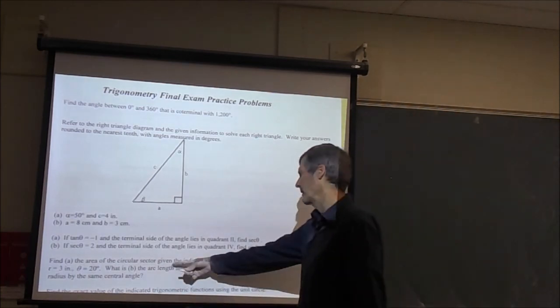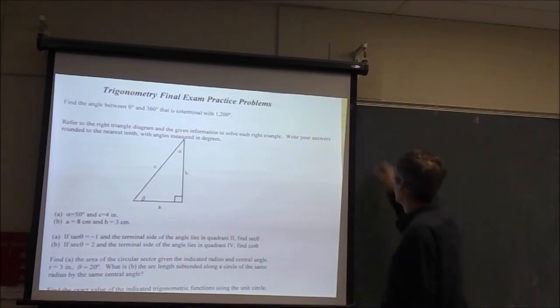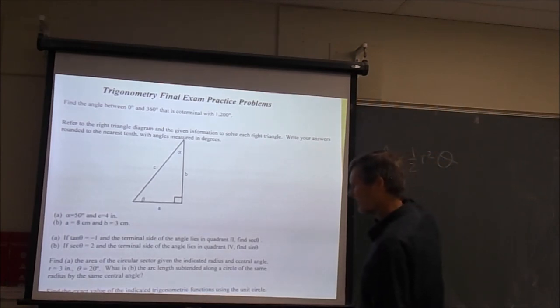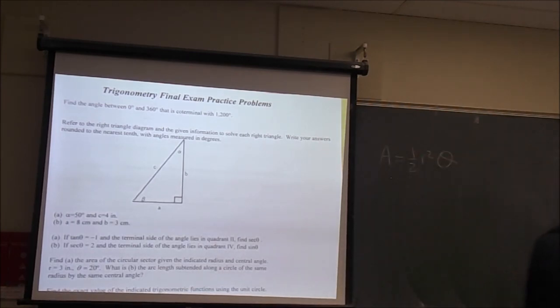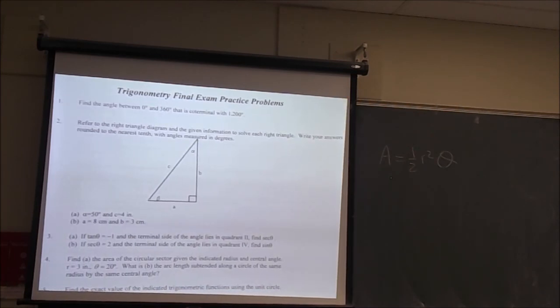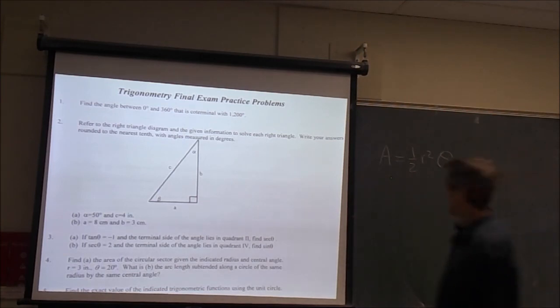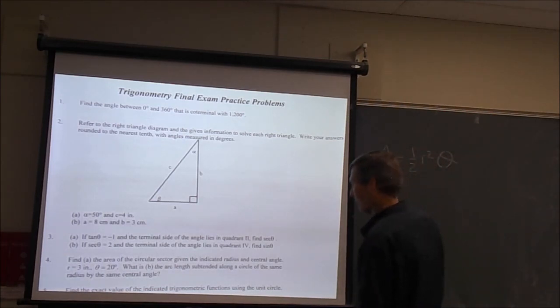Suppose I want to find the area of a circular sector. So area of a circular sector is 1/2 r squared theta. This is number 4 we're doing.